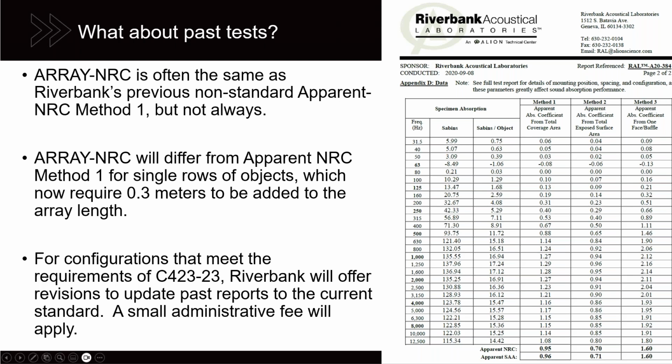But I know in the past some people have calculated it based on that vertical face, and that gave a perceived benefit, because the area, especially if it was only used from one face, was very low relative to the sound absorption measured. So it gave crazy high apparent NRC ratings, like 1.6 in this example.